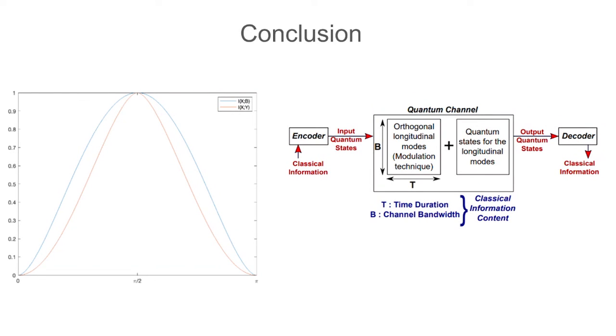Hello everyone, I am Hesham Fadl, and I will introduce the output plot of the accessible information between x and y, and the quantum mutual information between x and b, as theta ranges from 0 to pi. We can see here in the plot that the mutual information is always larger than the accessible information.